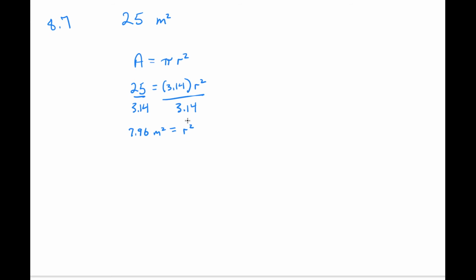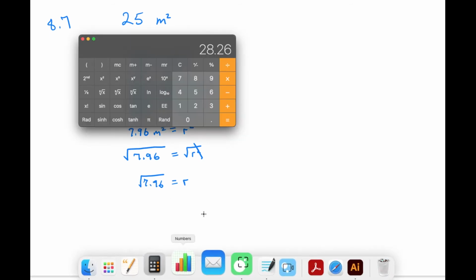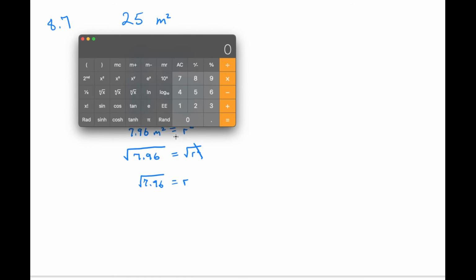So how do we undo the radius squared? That's pretty easy. We do the inverse operation to both sides. So what that looks like is this. We say the square root of 7.96 equals the square root of r squared. So the square root cancels out the square, so that leaves us the square root of 7.96 equals r. So then all we have to do is plug this information into our calculator, right?